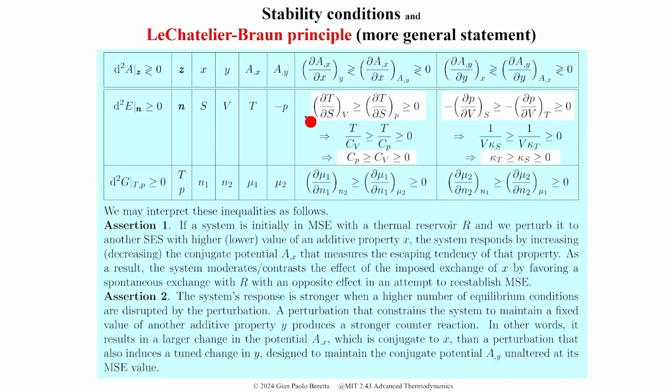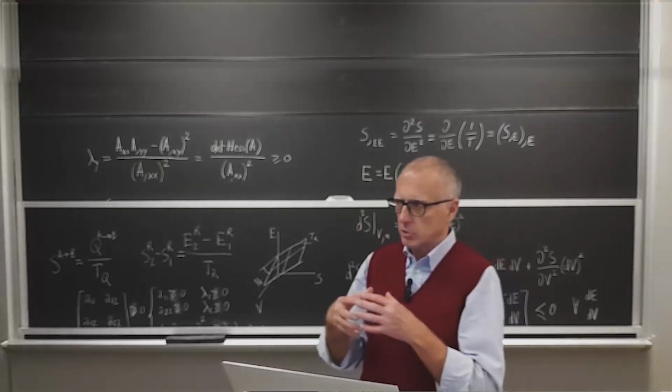So the system responds by trying to spontaneously re-establish equilibrium. But it does more so if you do it at constant volume than if you do it at constant pressure. So the reaction of the system is stronger.